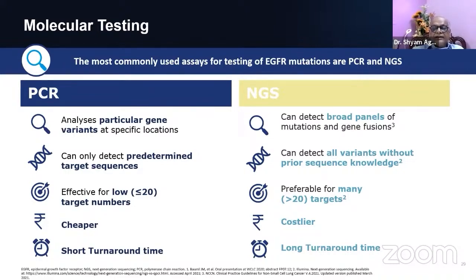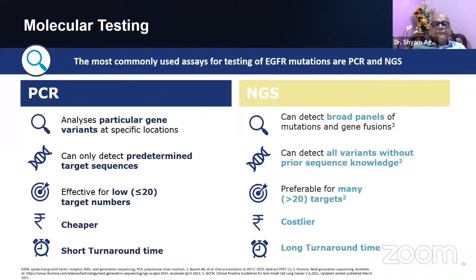And the tissue is, as we all know, an issue many a times because splitting the tissue for PCR and IHC sometimes may not be possible because the tissue is so tiny. So NGS is resorted to by most of the physicians. However, the Rajiv Gandhi have a different protocol because they do the PCR and IHC for common EGFR and ALK, and the rest of the tissue is sent for the NGS, which is for more than 20 genes. And then it takes about 15 to 20 days for the reports to come in.